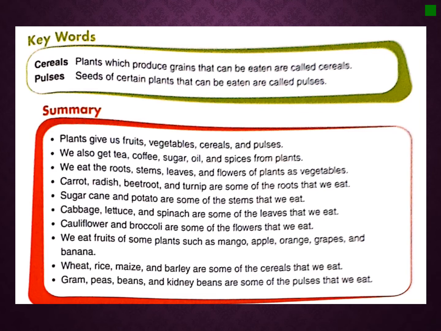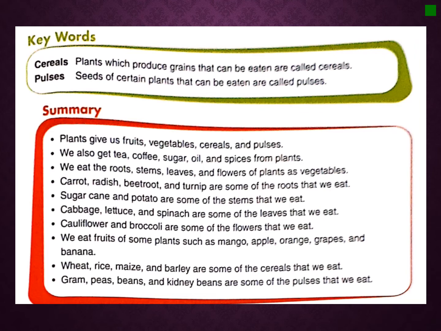So we learned that plants give us fruits, vegetables, cereals, and pulses. We also get coffee, sugar, oil, and spices from plants. We eat the roots, stems, leaves, and flowers of plants as vegetables.